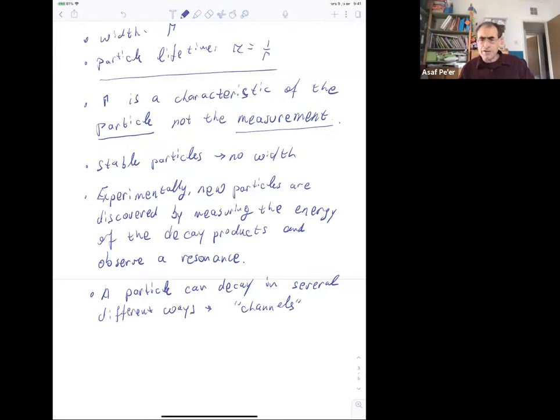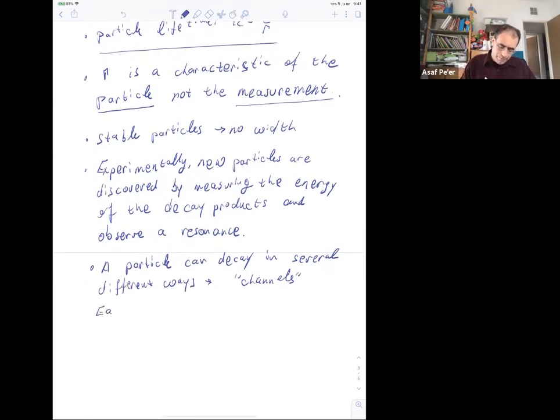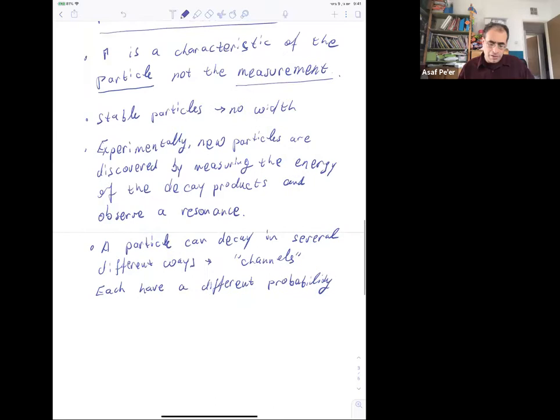Each has a different probability. The total width means that we have to take all the channels into account. So the total width gamma is simply the sum over i of gamma i.